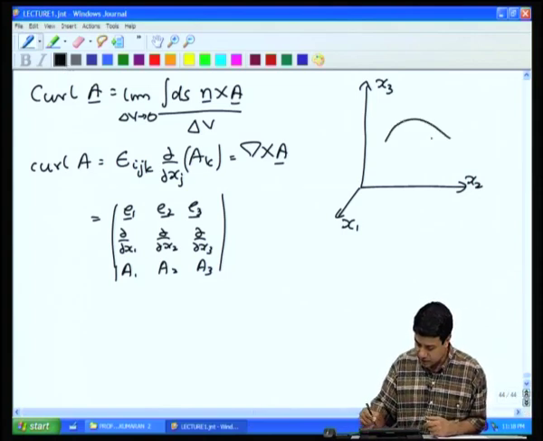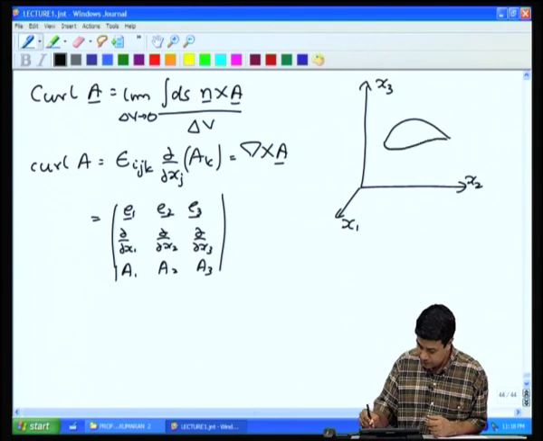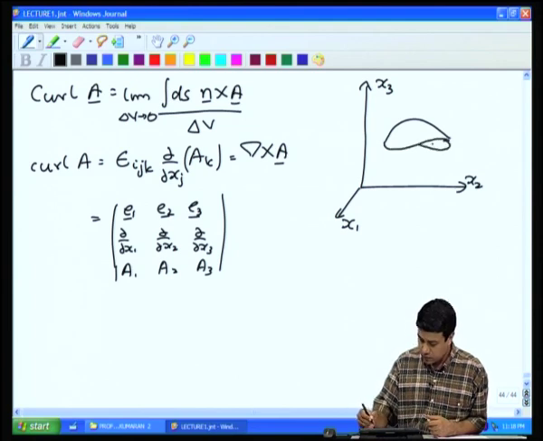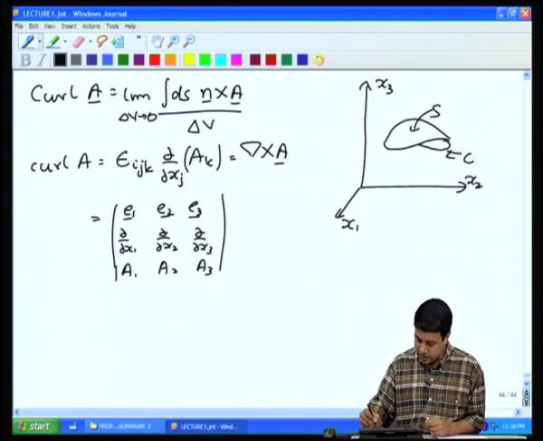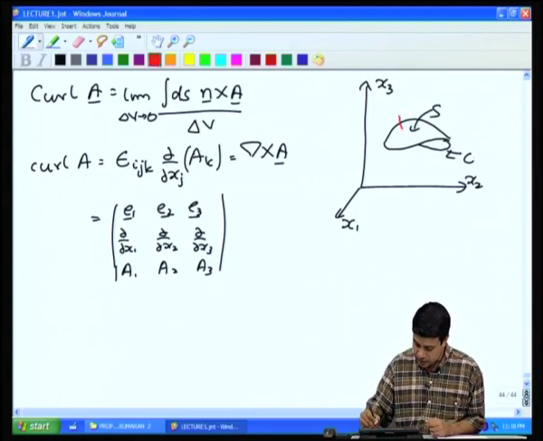So, if I have some surface like this with some perimeter C, this is the surface S, this is the perimeter of the surface C. And this surface of course has its own unit normal.